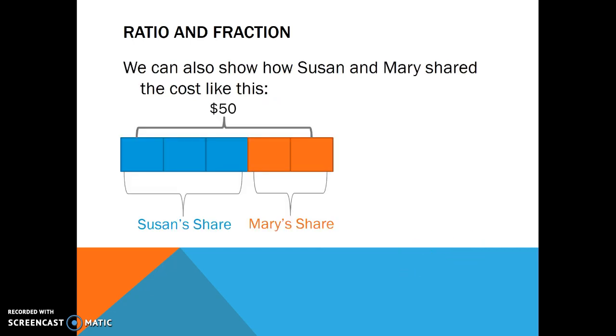We can also show how Susan and Mary share the cost like this. Now you're looking at a bar model, the whole thing of which represents $50. So we just stuck Susan's 3 shares together with Mary's 2 shares. Now we have 5 units that equal $50.